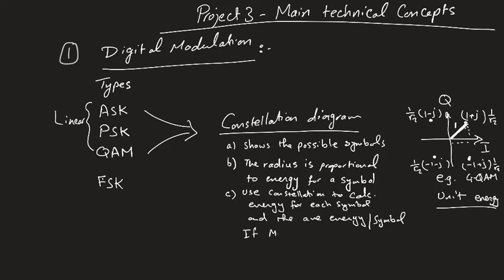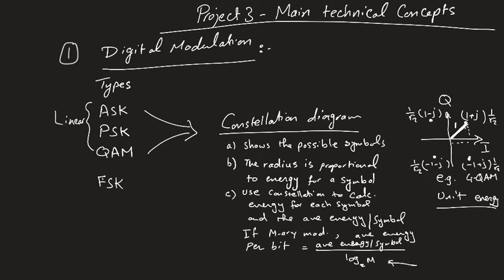And if we have M-ary modulation, then the average energy per bit is equal to the average energy per symbol divided by log to the base 2 of M. What is this?